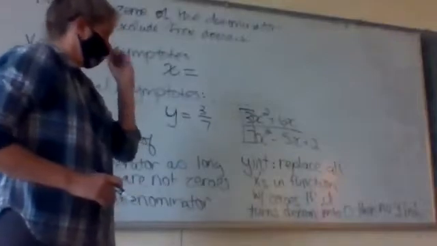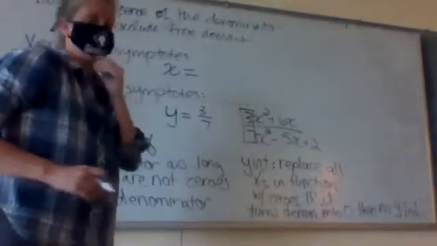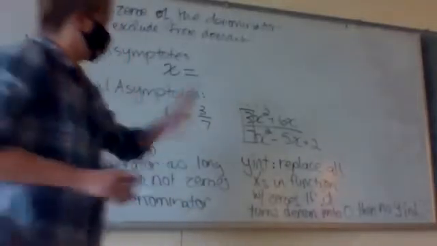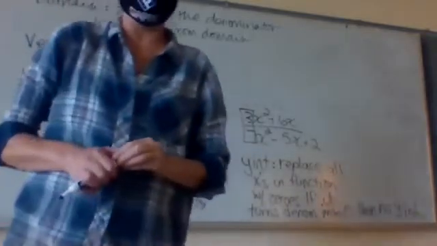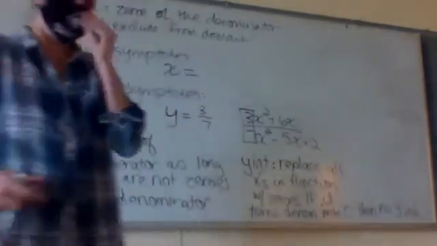So when you replace all the x's with zeros, and that just happens to turn your denominator into a 0, then that just means there is no y-intercept, right? Because you can't have your denominator be 0.